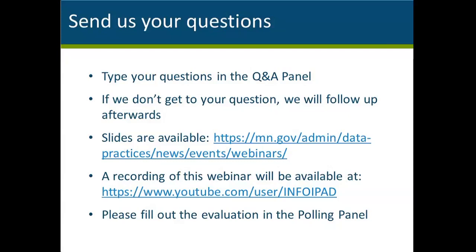Okay, we have another question here. It's a follow-up to charging for copies after you've received an inspection request. It asks about the government entity charging for employee time after they've already accumulated the data for inspection, and how they would go about doing that. In the slide regarding this question, we cite advisory opinion 04-038.